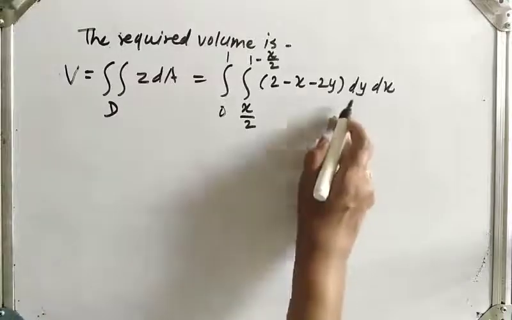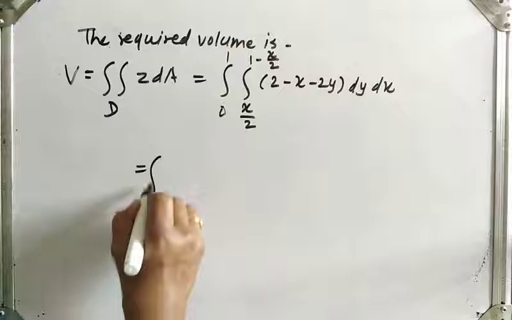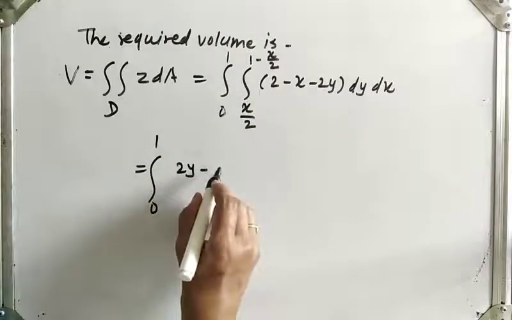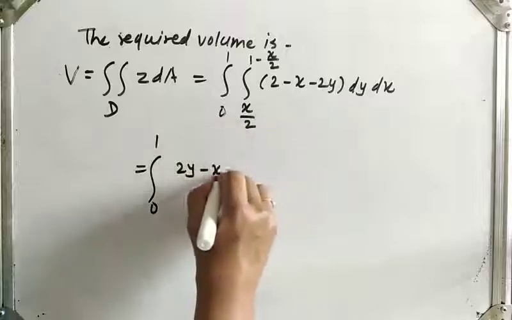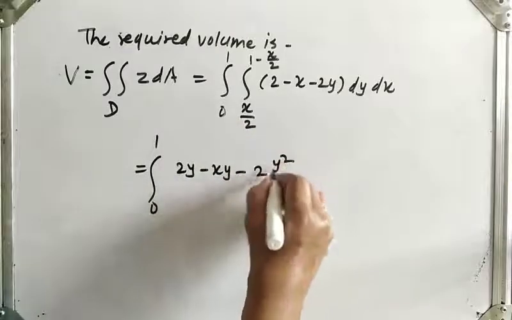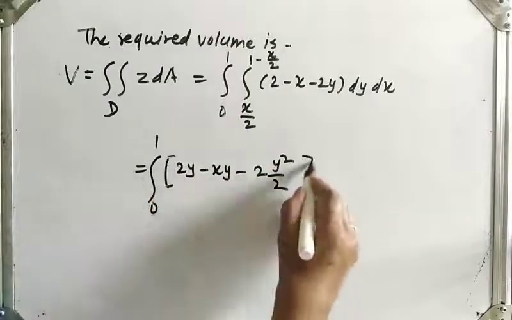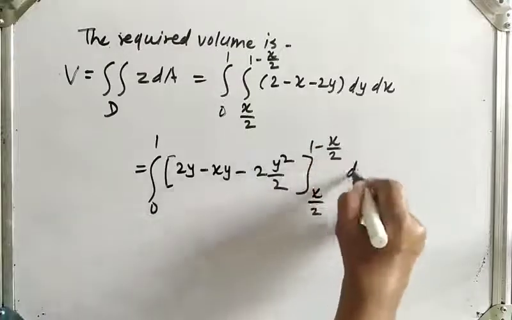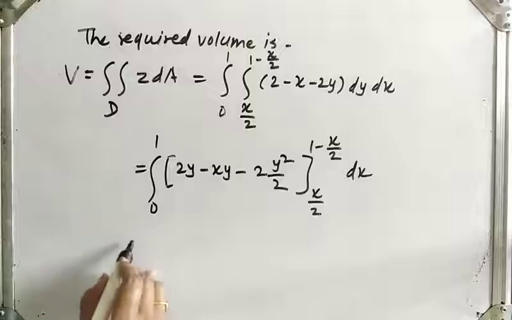So let us solve integration with respect to y first. So that will be 2y minus xy minus 2y square by 2 with limits x upon 2, 1 minus x by 2, dx. Now let us apply limits.